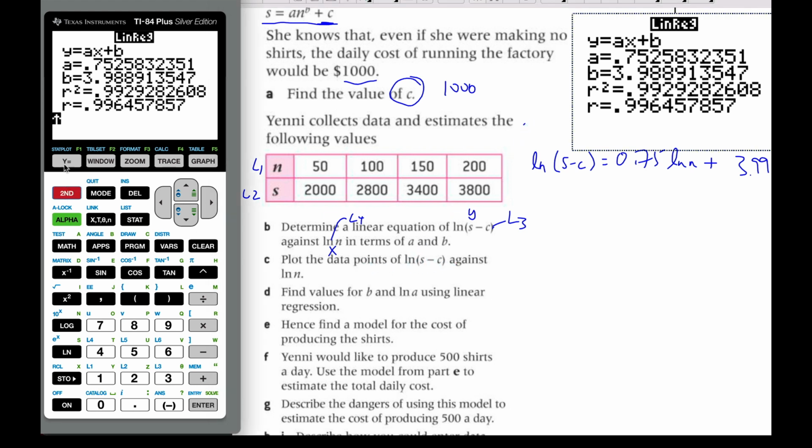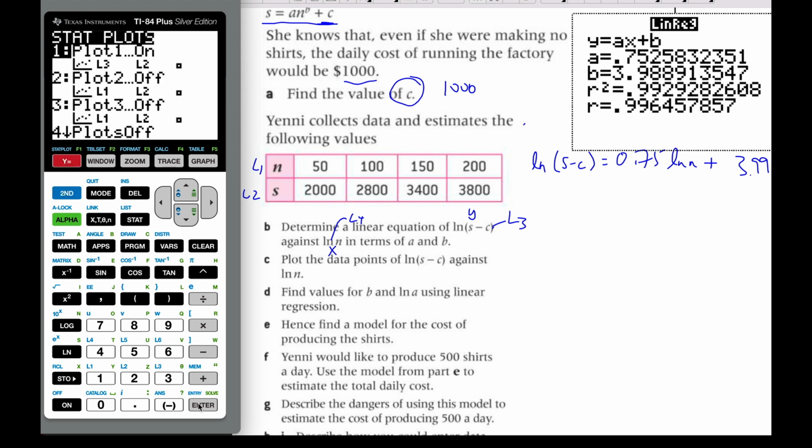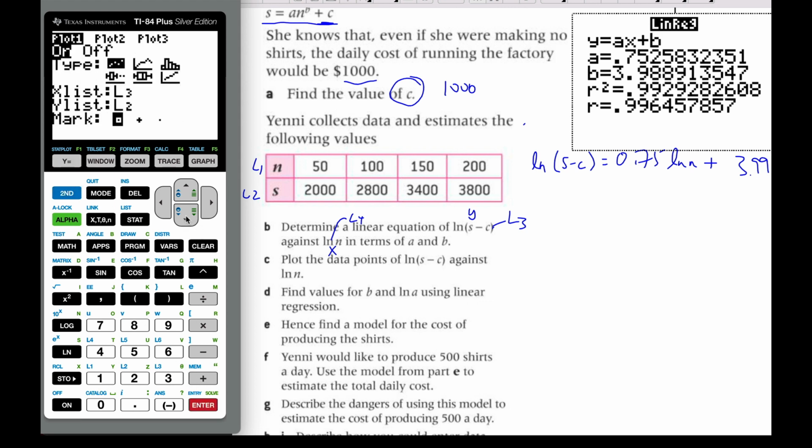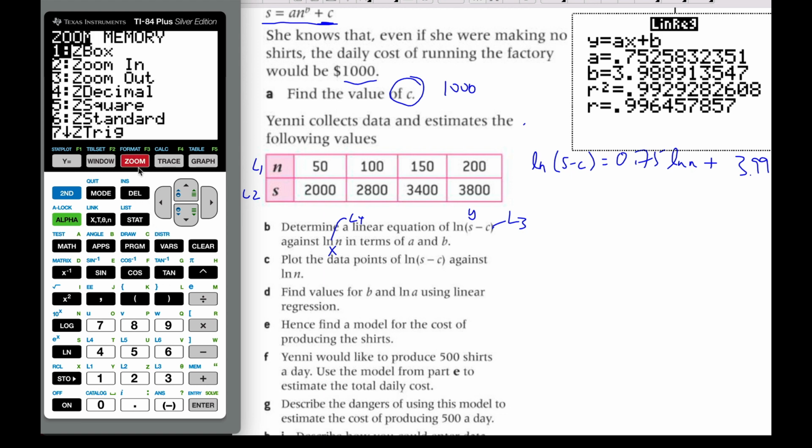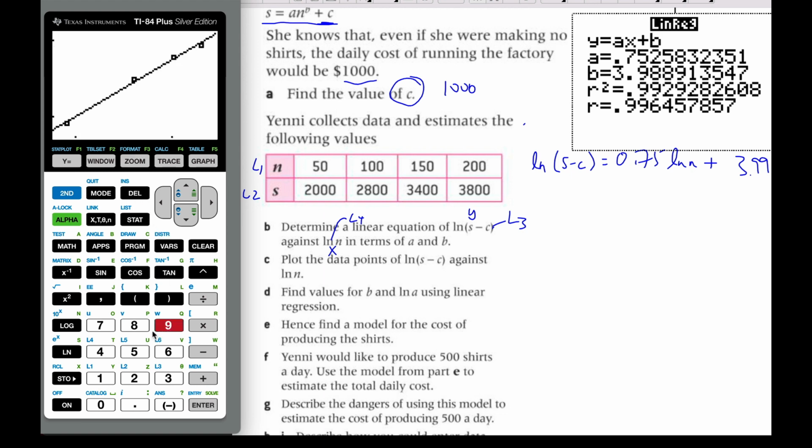If I go to my statistics plot, my X list is L4 and my Y list is L3. Then I go to zoom, statistics, number 9, and I can see the plot. Next, find the values of B and ln A using linear regression. I guess that's what I did up here.